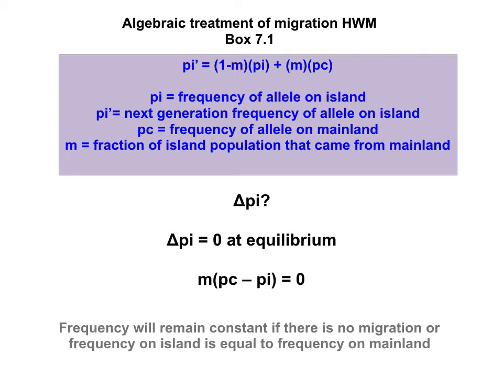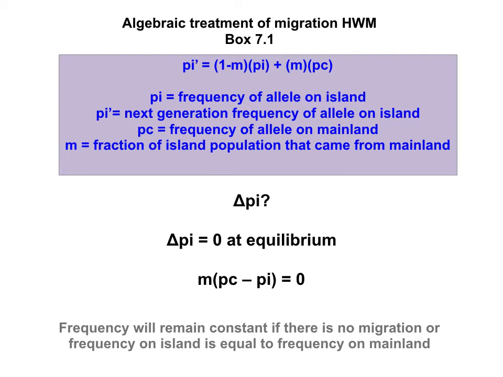So basically, this is telling us that the frequency on the island will remain constant when m is equal to 0, when there's no migration. So m equals 0 times (p sub c minus p sub I) is obviously going to be 0. Or within the parentheses, p sub c is equal to p sub I, when the island and the continental populations have the same frequencies.